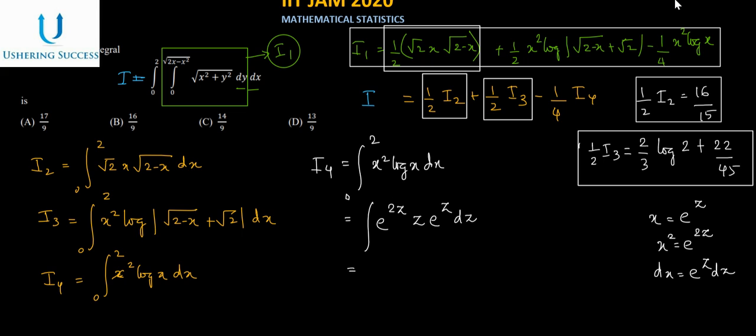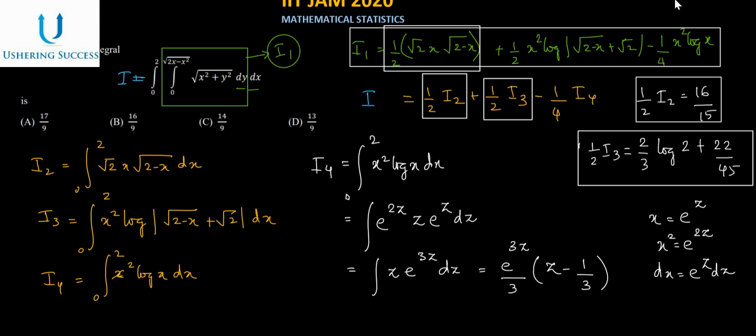So this is a very simple form. We just did this form in calculating the value of I3. So this is z e to the power 3z dz, that is nothing but e to the power 3z by 3 into z minus 1 by 3. So this is the form of the expression that we get.